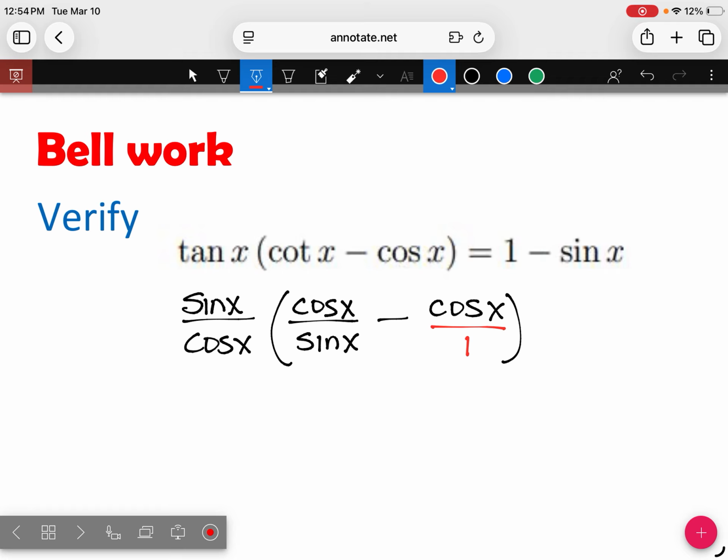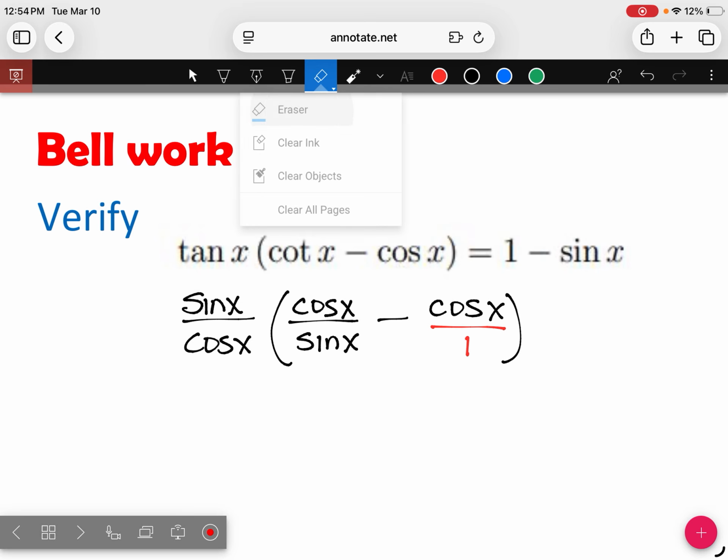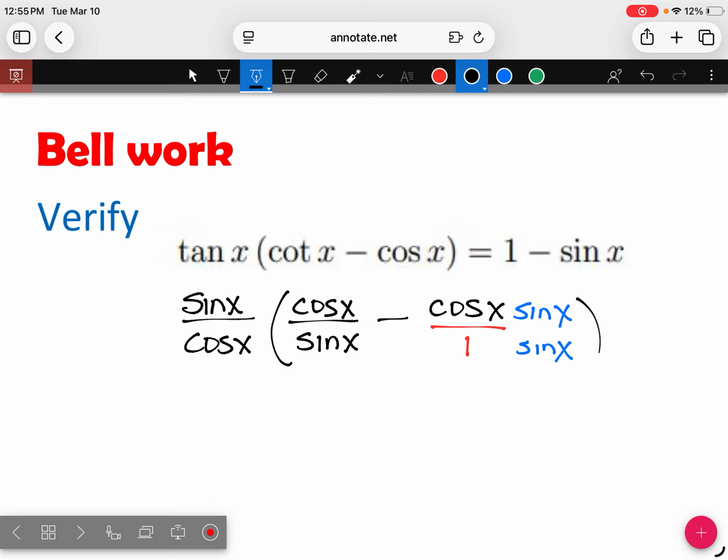So if you're getting a common denominator, that means that you multiplied this fraction here by sine. Okay, so when you do that, you would have sine times sine over cosine.